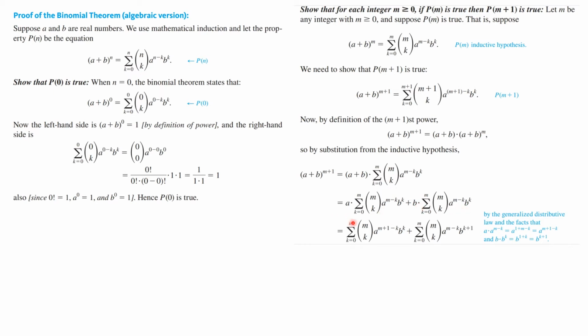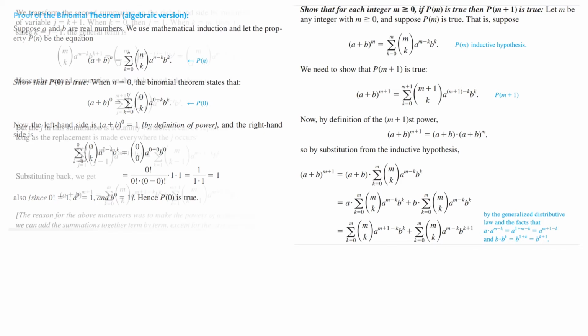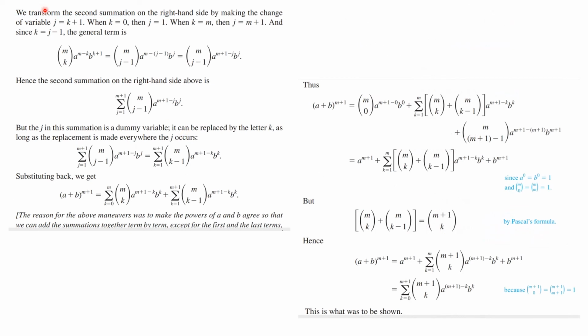And we'll distribute the a through. That makes this a to the m plus 1 minus k, b to the k, and that makes this one b to the k plus 1. Okay, so this is an important step. And now we're going to transform the second summation on the right-hand side by making a change of variable. J is equal to k plus 1.